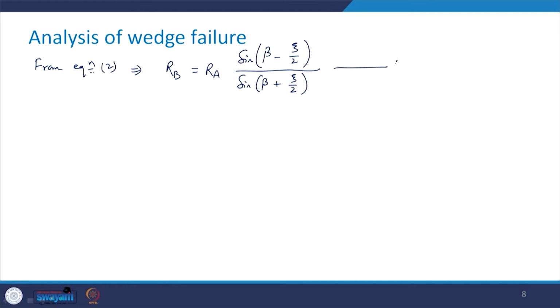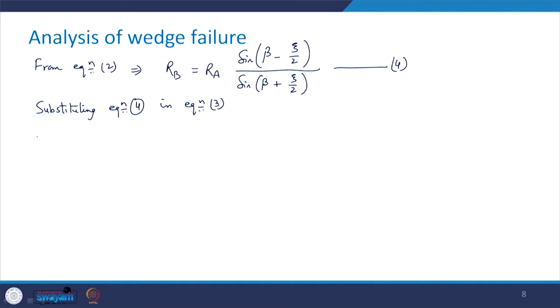You write it as equation number 4. Now, what we do is we substitute this equation 4 in our equation number 3.